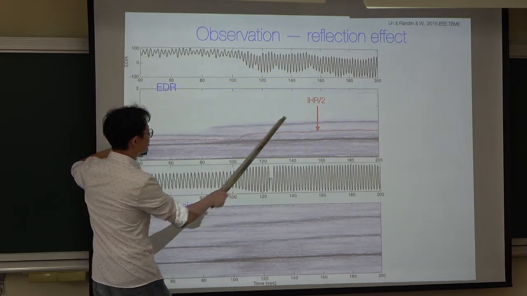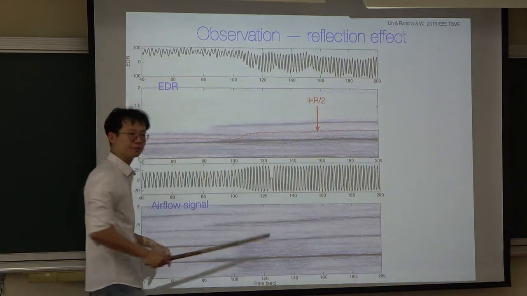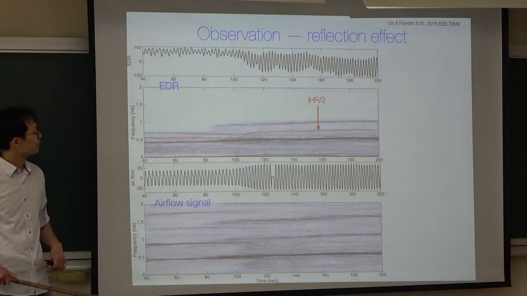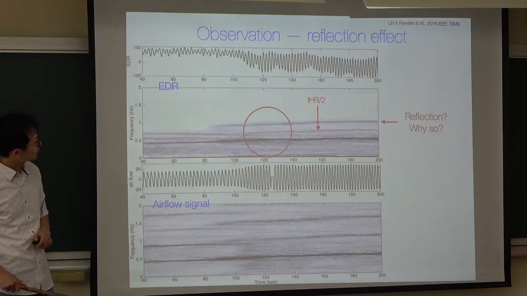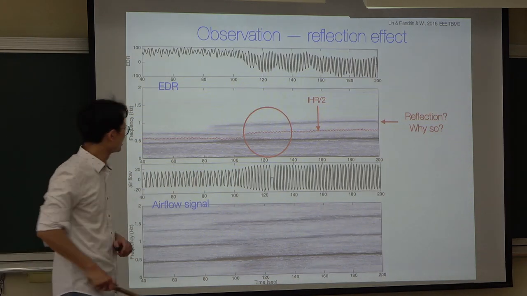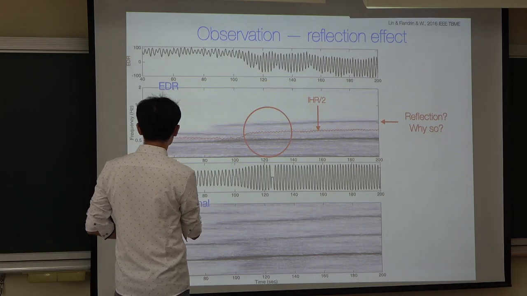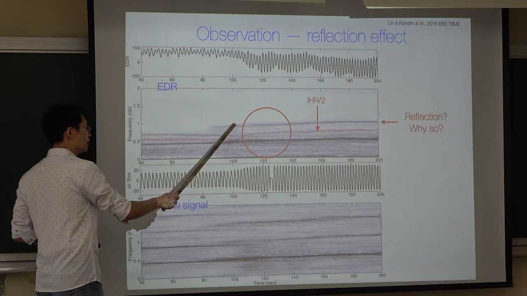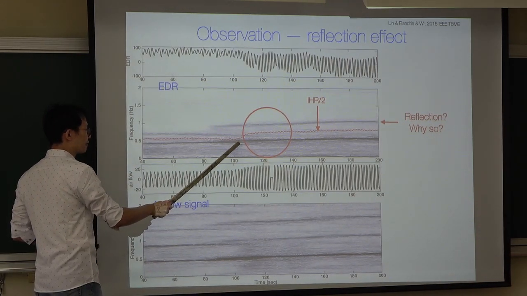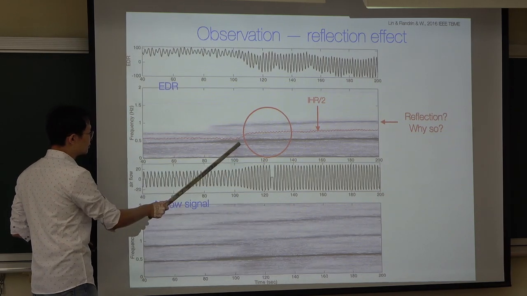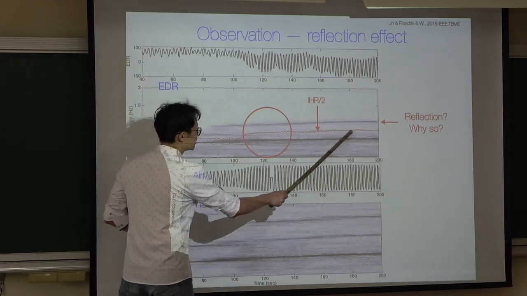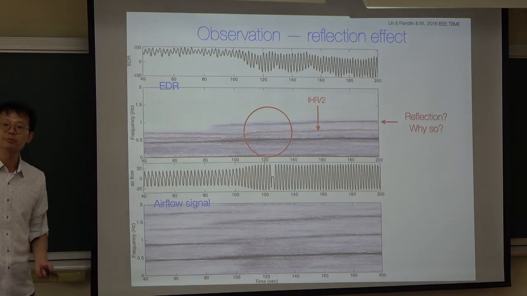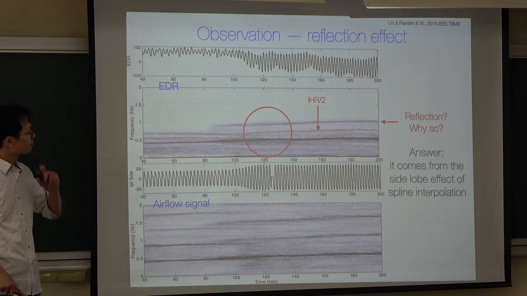This red dash is actually the instantaneous heart rate divided by 2. And if you pay attention, something very funny appears. This extra curve seems to be a reflection of the fundamental component associated with the instantaneous heart rate. Seems to be a reflection, but why?